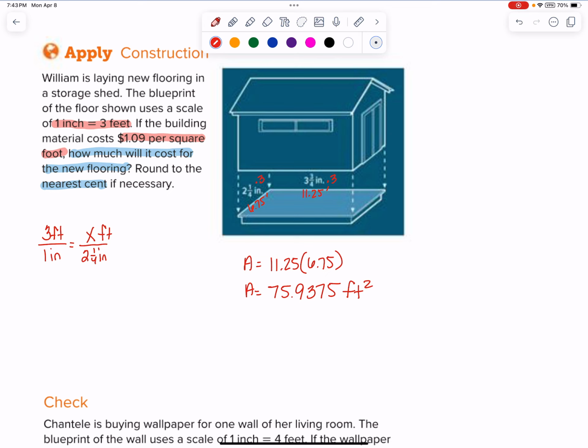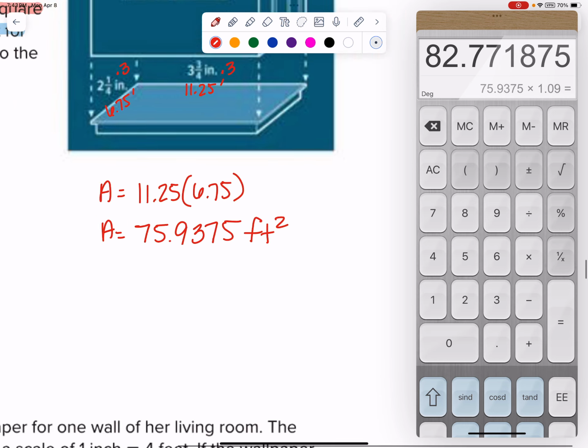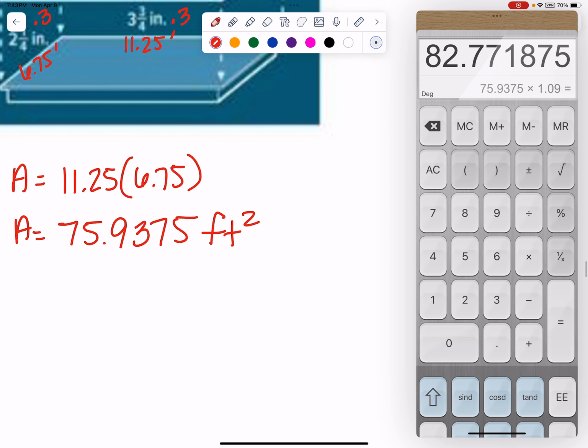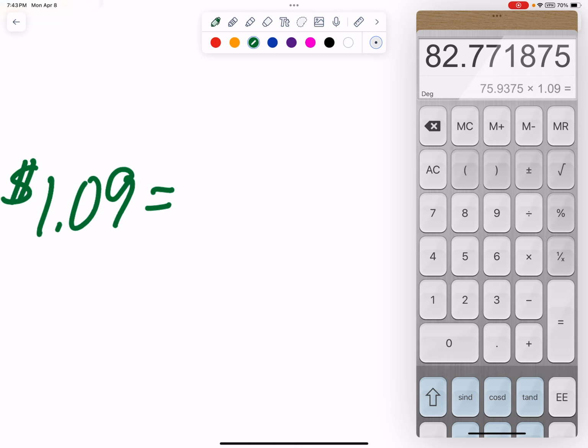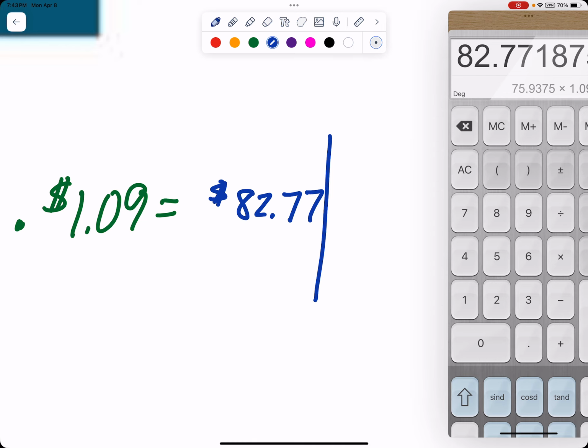Now it says how much will it cost for new flooring if it's $1.09 per square foot. Well, there's the square footage. Let's go ahead and multiply it by 1.09 and see what we get. Okay, so I'm going to show my work though. So times 1.09 equals, and then we're rounding to the nearest cent, and we have $82.77 because 771, if I'm cutting it there, it stays at the 7.